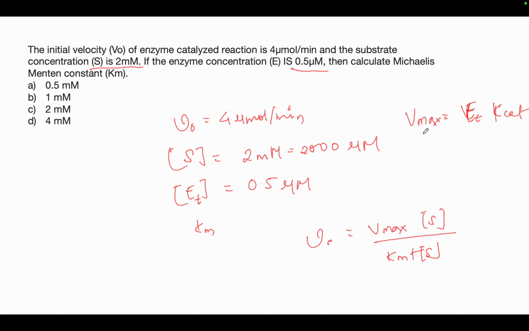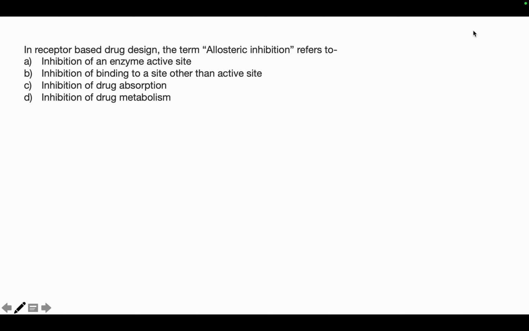So in order to substitute Vmax we need to have ET and Kcat information, and this Kcat information is actually missing from here. Because of this we cannot calculate this, because we don't have information of Kcat. Hence we cannot calculate Vmax, and thus we cannot know Km. So the information is missing in this text.